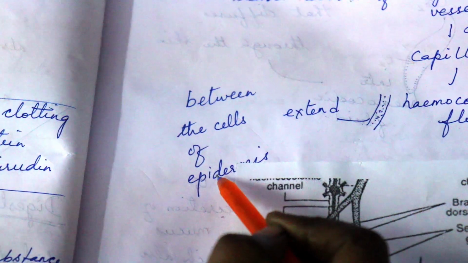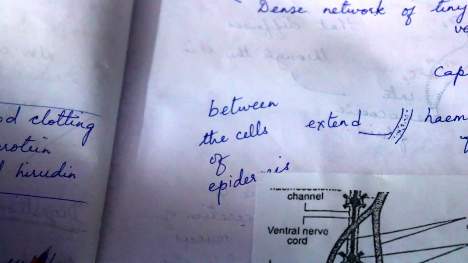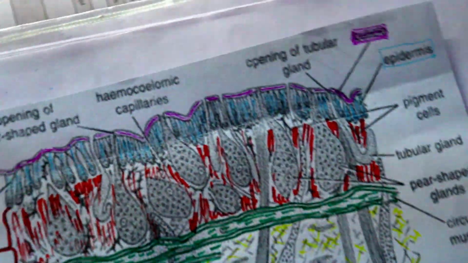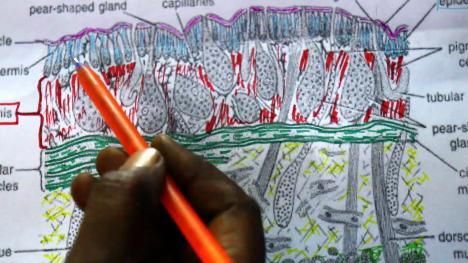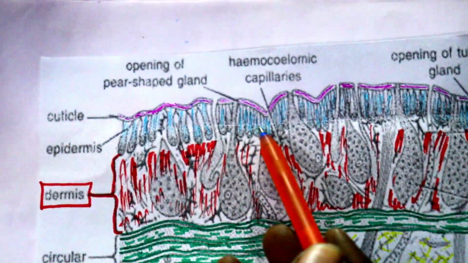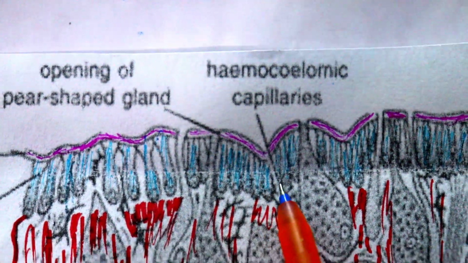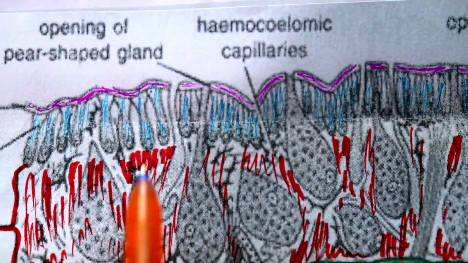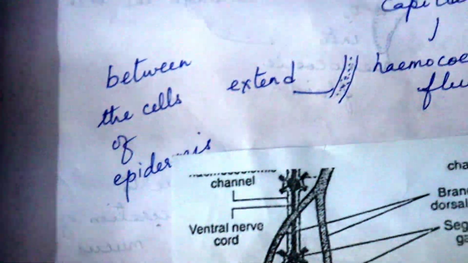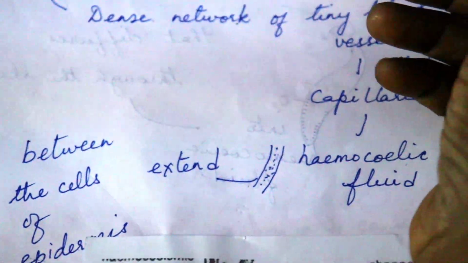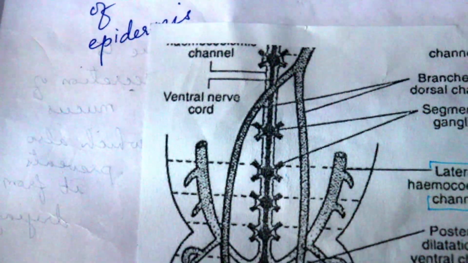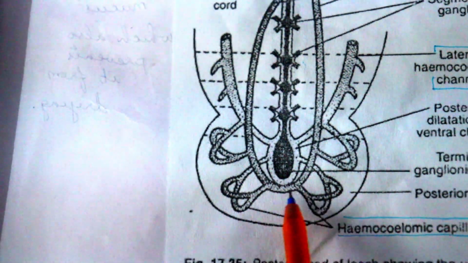Remember, while teaching the body wall of the leech, I said I would ask, didn't I? See, these hemocoelic capillaries are between the epidermal cells. Okay, through this respiration takes place. Okay, hemocoelic capillaries, you can see it here.